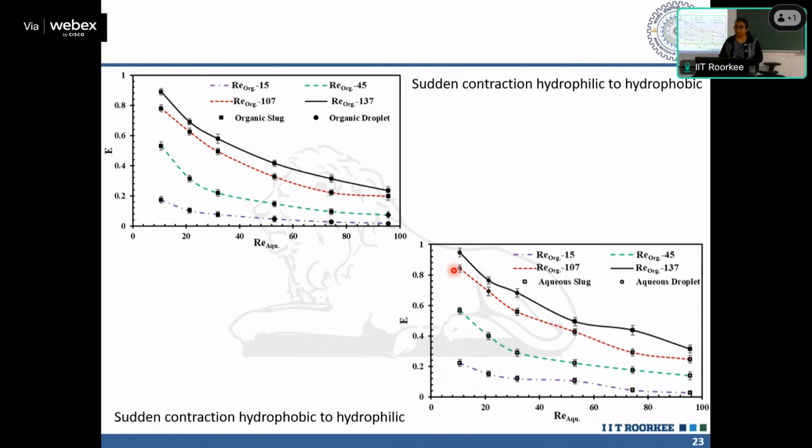You can conclude or generalize in a way that a sudden contraction can obviously enhance the mass transfer, and if there is a change in wettability, it should not be just in terms of hydrophobic or hydrophilic. If you take a sudden contraction, you have to look at what your phases are, which is your viscous medium, and which is your low viscous medium.